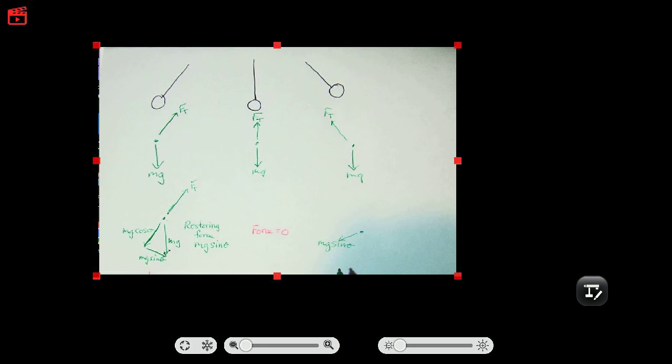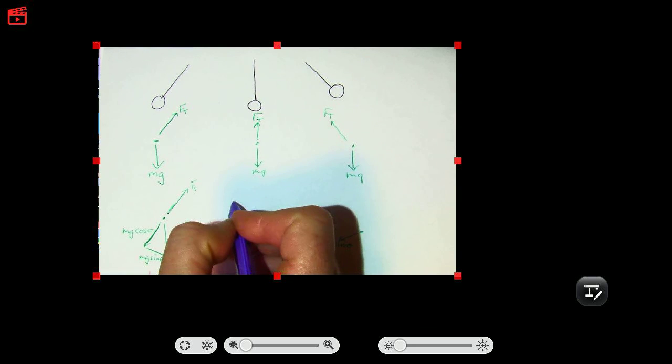So what we can see is that it's starting to look kind of similar to what we had with a spring. We've got no force in the middle, we've got a force when it's on this side, and we've got a force when it's on this side.